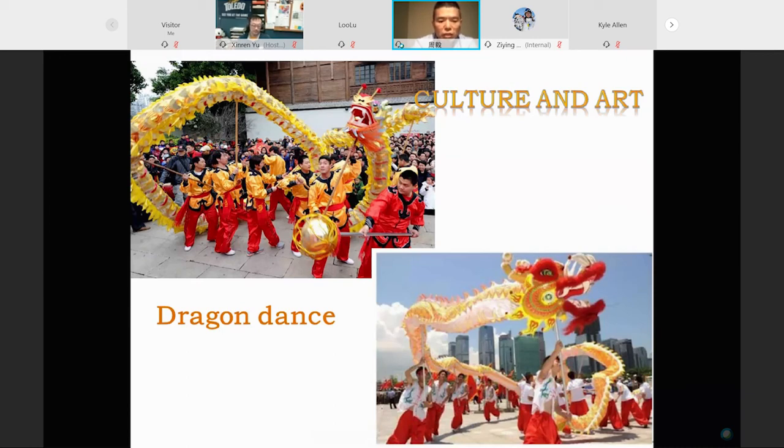Dragon dance is usually accompanied with gong and drum playing, and it is a form people use to dispel evil spirits and express their wish for good luck and safety. Nowadays, dragon dance represents people's love for traditional dragon culture.